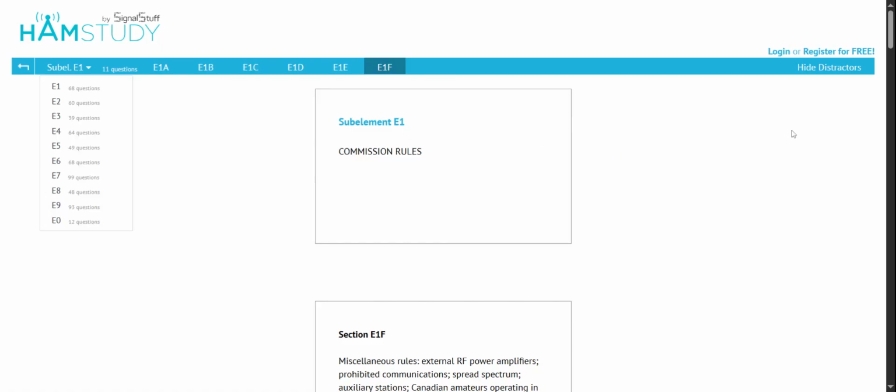As we dive further into this, we'll note how many questions are in each individual section, and how many sections are within each sub-element.